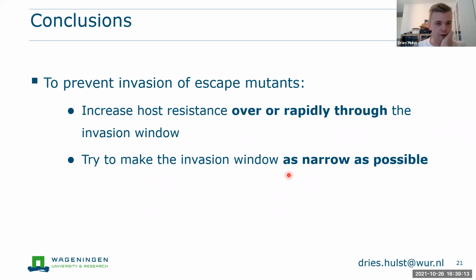And another thing is that although we can maybe not influence the strength of the resistance allele, we can still influence the width of the invasion window by making sure that it's very hard for the wild type pathogen to spread. So when you combine genetic selection with other interventions that might decrease the reproduction ratio of the pathogen, it makes it easier to come to eradication, and also makes the invasion window of possible escape mutants narrower.